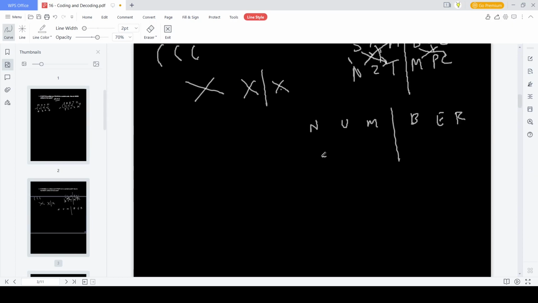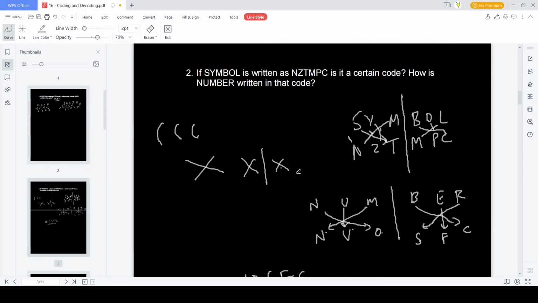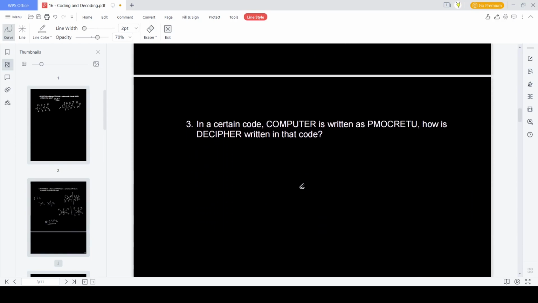This should be jumped once, so there'll be O here. This should be jumped once, there'll be M here, N here, and U and V will be here. This should be jumped once, it'll be C. Here, if you jump, it'll be F, and R, if you jump, it'll be S. So this is the code, NVOSFC. That's the code in the new language, whatever language they have.